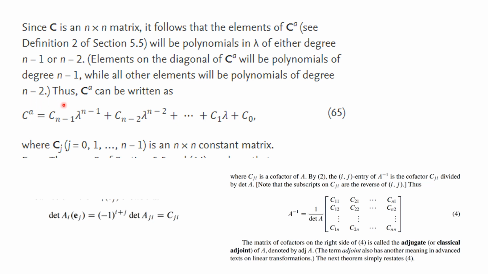So, by the work that we did previously, we can decompose or represent Ca as Cn minus 1 lambda to the n minus 1 plus Cn minus 2 times lambda to the n minus 2 plus all the way down to C1 lambda plus C0. We can get that representation.